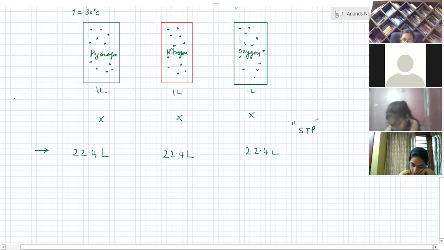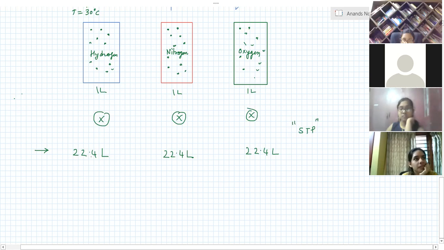Standard temperature and pressure, STP, means 0 degrees centigrade and 1 atmospheric pressure. So these fellows will all contain the same number of molecules. But here you took 1 liter, here you're taking 22.4 liters, isn't it?